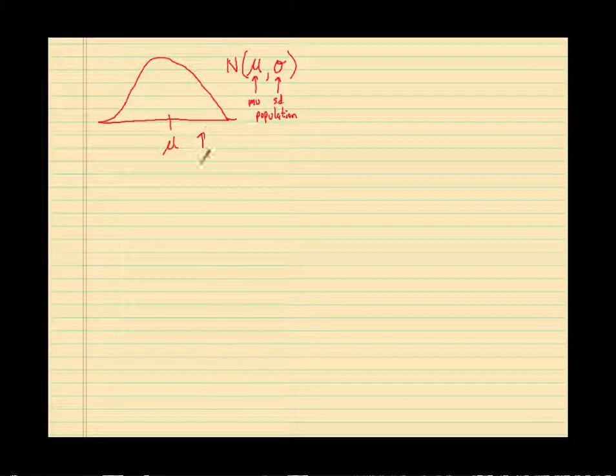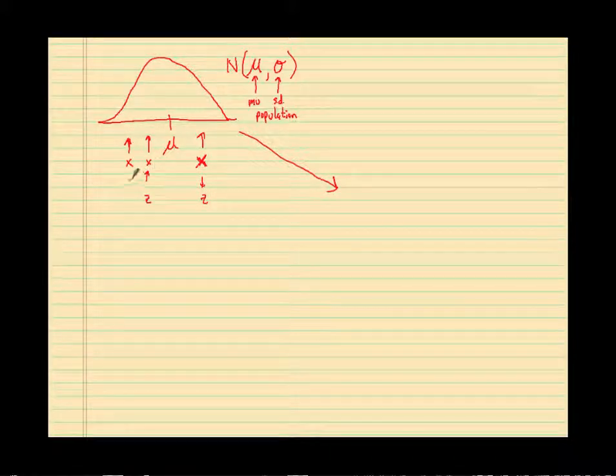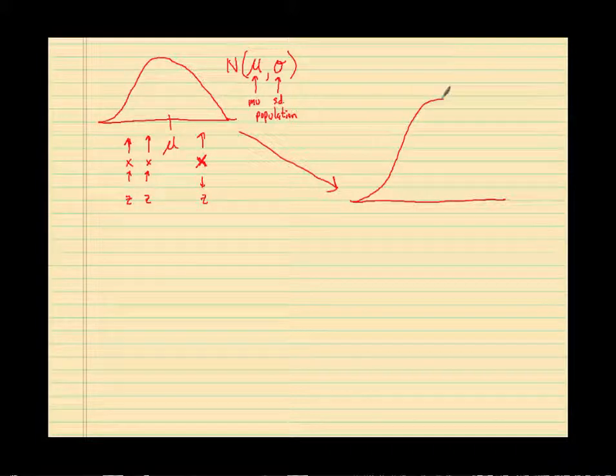And all these data points are just your x's, just like before. Once we take this population data, we're going to standardize. We standardize all these x's and turn them all into z's, because these are very important: they tell us how many standard deviations away from the mean we are.